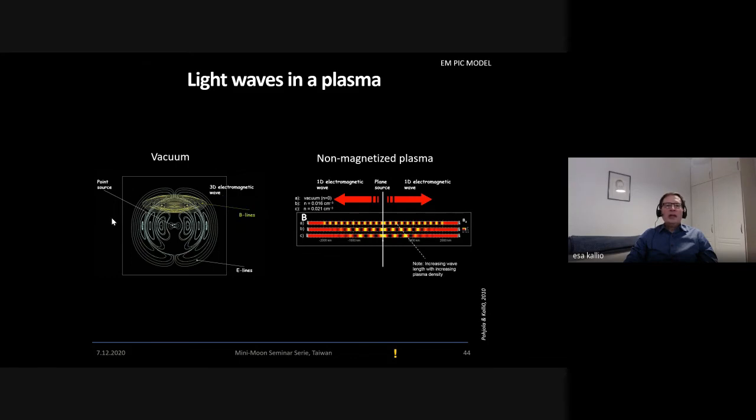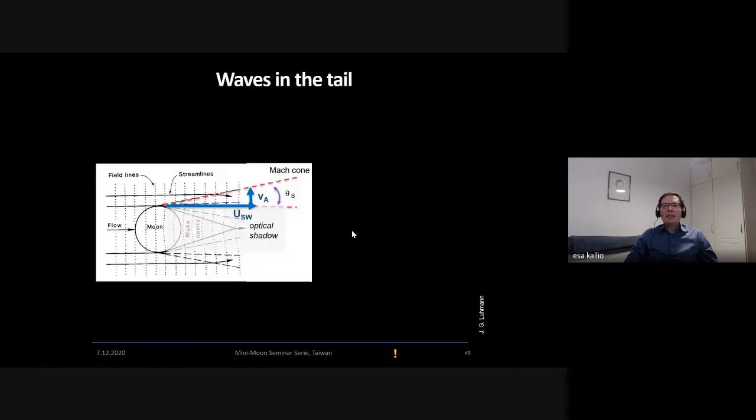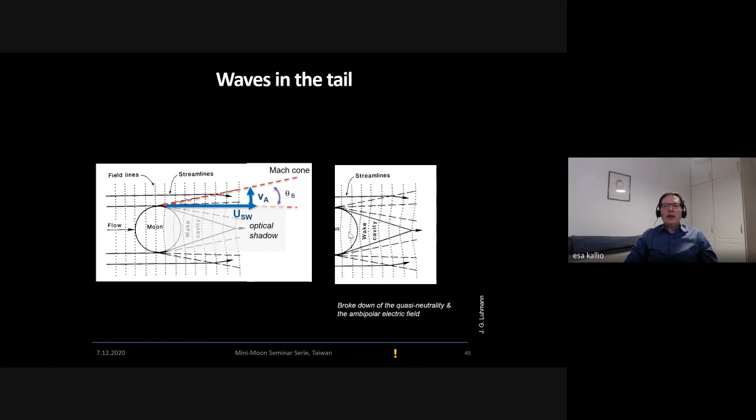You can see how the light waves propagate in vacuum, and then you can include the plasma and see how the plasma changes the waves. Here you can see 1D simulations where I change the density of electrons, and you can see how it affects the wavelength. And the tail, as we heard in the previous presentation, is very interesting. There are many interesting wave phenomena happening in the tail region.